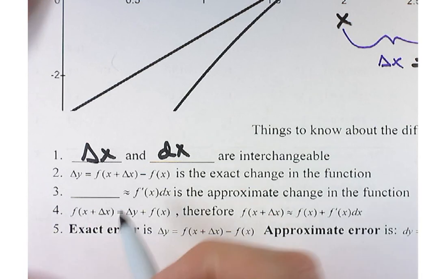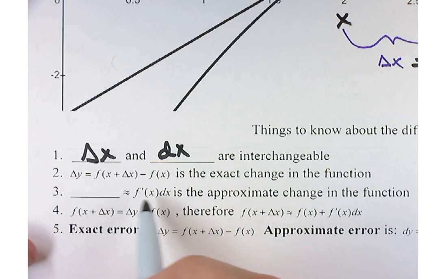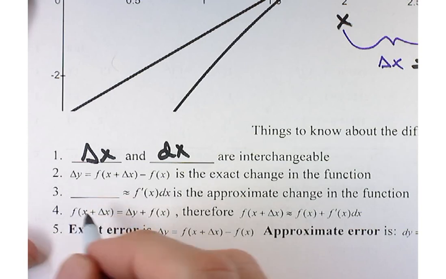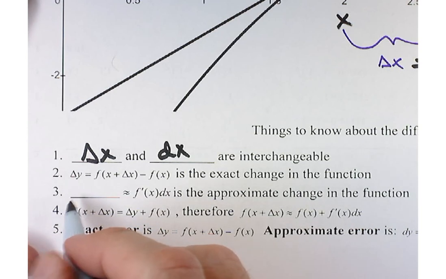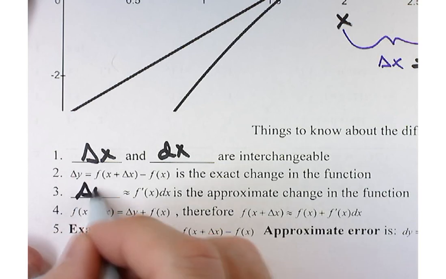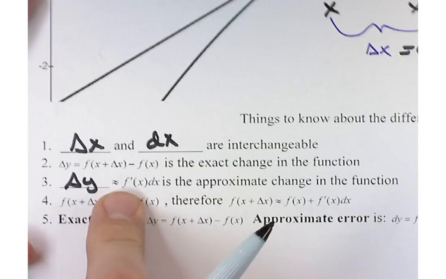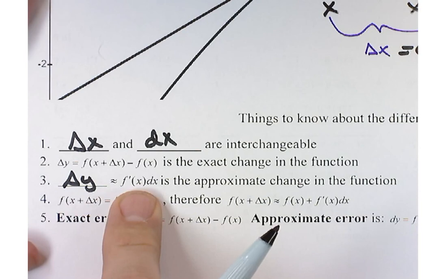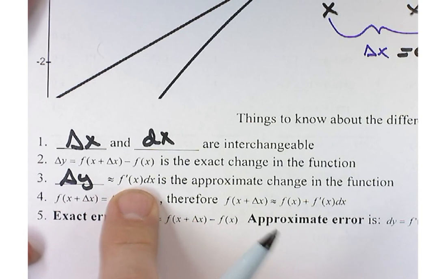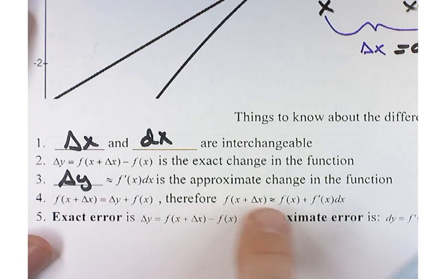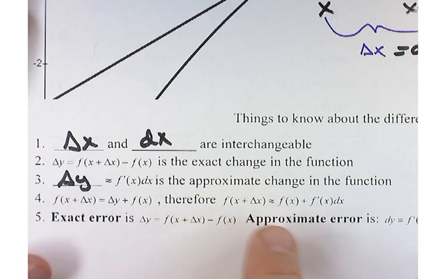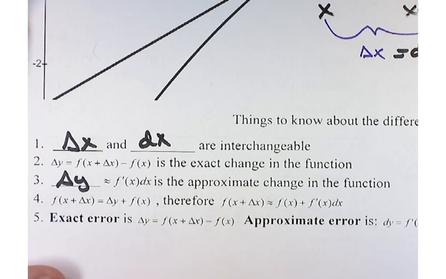The second one is that delta y, the exact change in the function, is approximately dy. That's exactly what this is saying. Delta y being your exact change in the function, dy being the approximate change in the function.